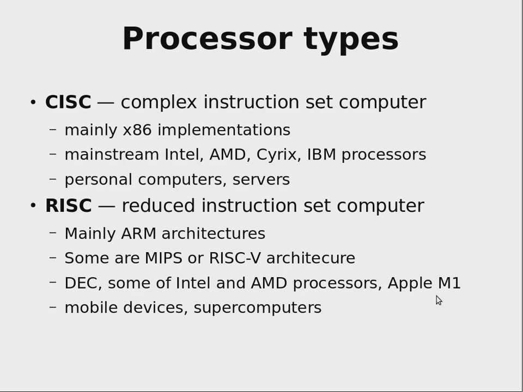For example, if some of you know something about Apple, initially they used MIPS processors for their computers. Then they switched to Intel x86 compatible, and now they switched back to RISC type processors. For example, these new Apple computers have the M1 processor, which is RISC based.